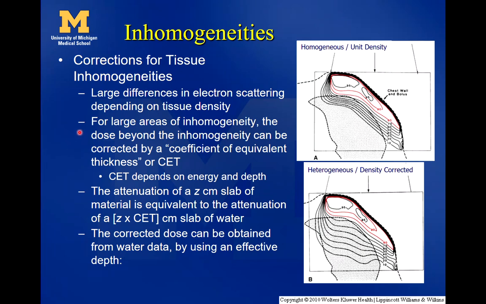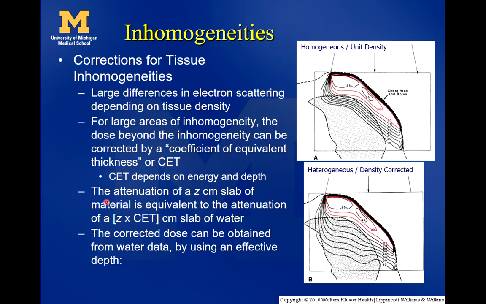And we call this basically the coefficient of equivalent thickness, like CET. Another term that some planning systems call it is water equivalent depth. So coefficient of equivalent thickness, water equivalent depth, things like this. It's just kind of a guess of how much material you have to travel through to get to a similar thickness of water.